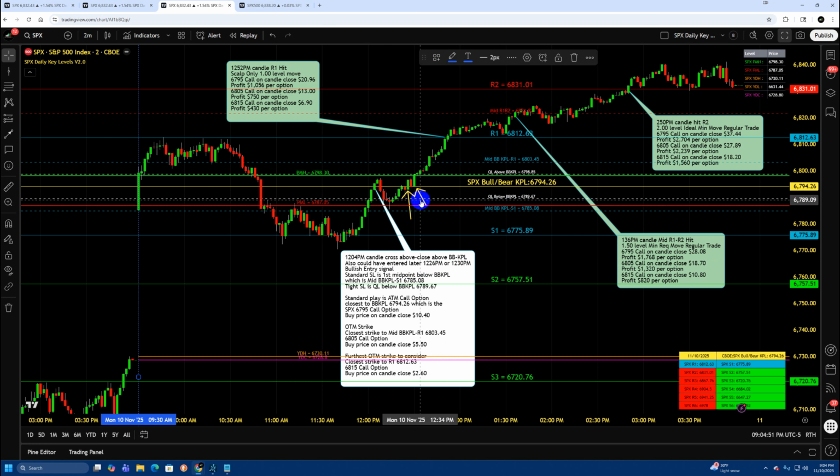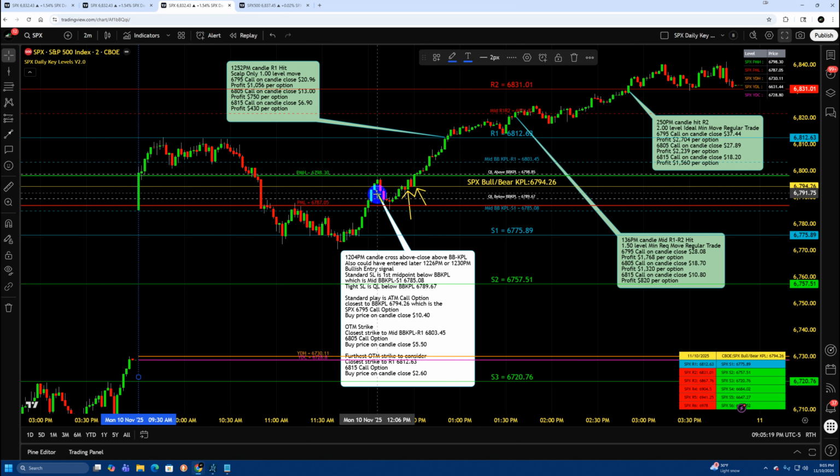You could have also entered here later on the 12:26 or 12:30 candles, as those are also in range and also entry candles. On those candles, as you can see, the stop losses were not close to being breached on either one of those.